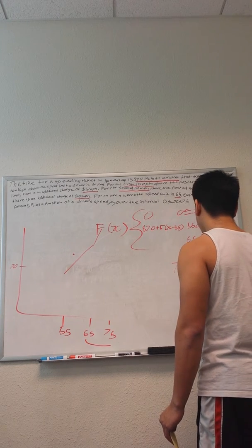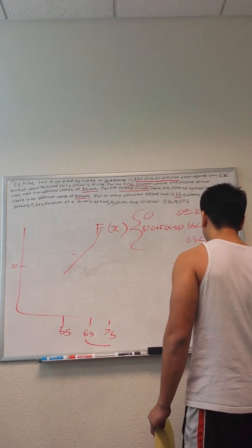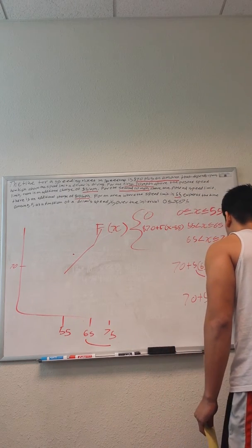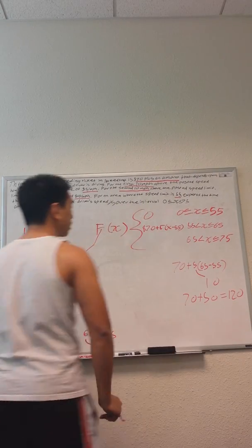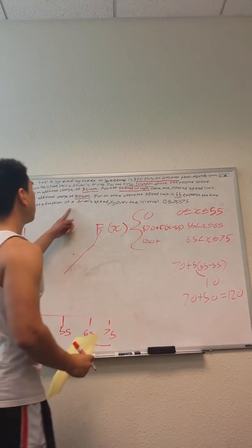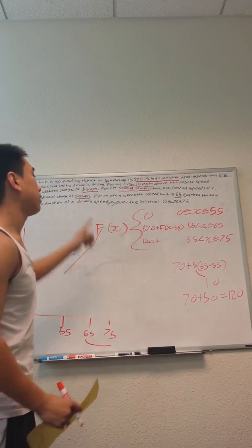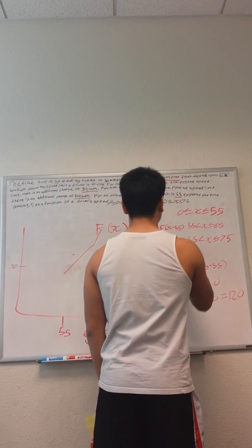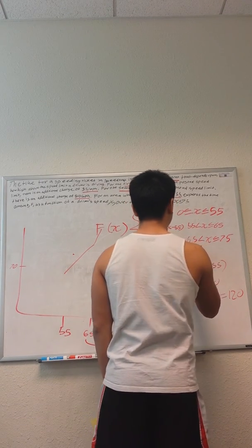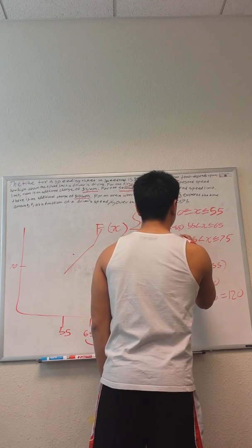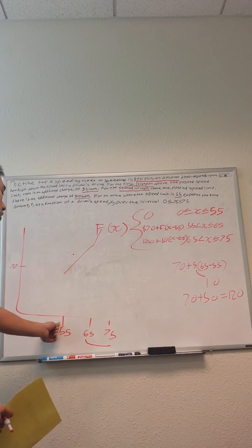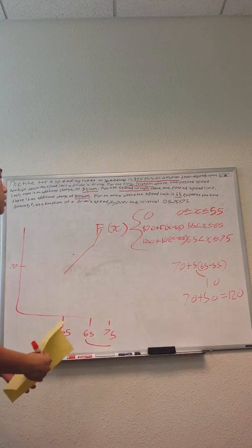This would be 10. 5 times 10 would be 50, plus 70 equals 120. So this would be our starting price for our third function. 120 plus an additional charge of $10 for each extra mile per hour, so x minus 65, because again, we do not start at 0. We don't start at 55. We start at 65 for this function.